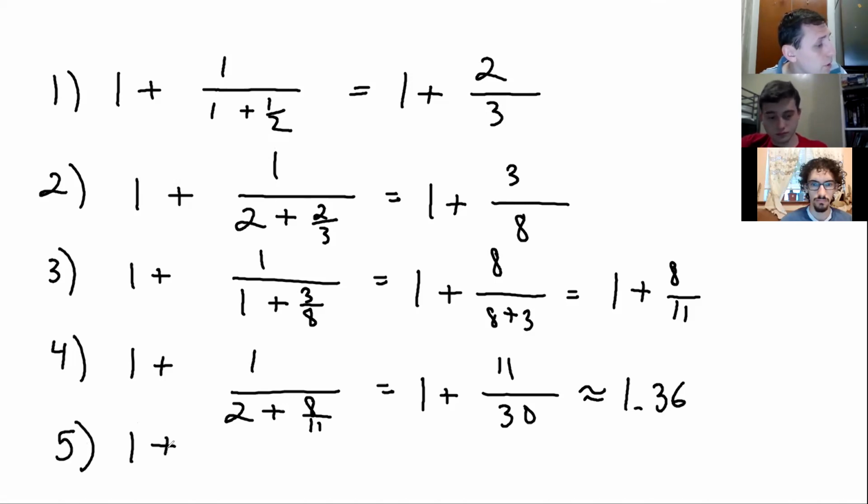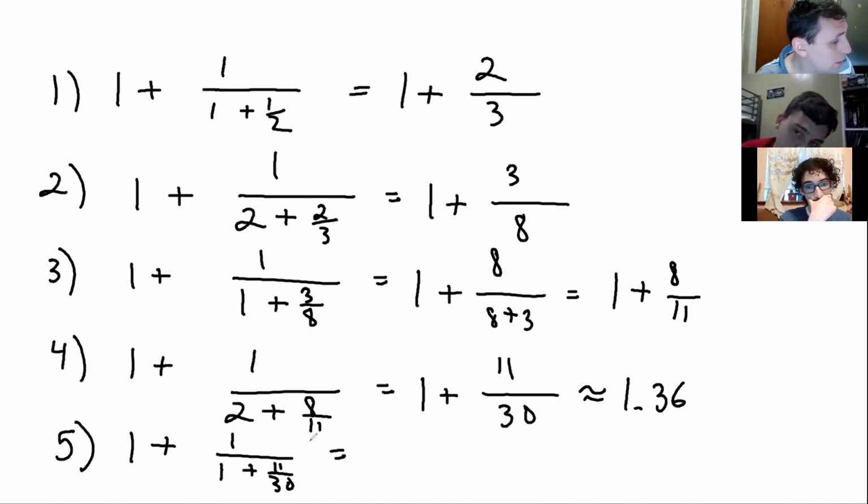So that would be 1 plus 1 over 1 plus 11 over 30, which would be 1 plus 30 divided by 30 plus 11, which is 41, correct?